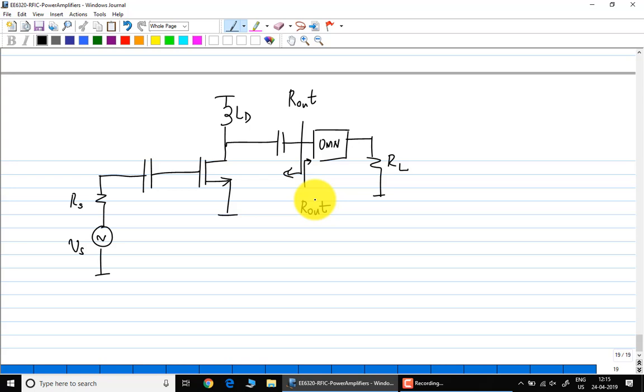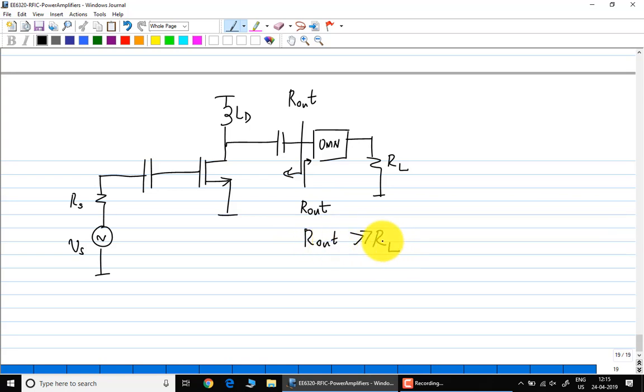Power always splits between your own resistance. The minute you match, power always splits halfway between your resistance and the load resistance. Remember that. You can use ideal components of any value. There is a much bigger problem unrelated to the output matching network itself. The problem is that R out is much larger than RL.